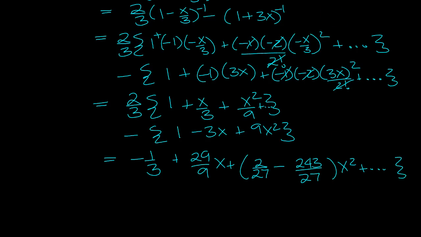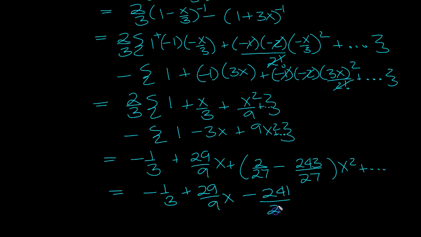Oh, and it should have been plus dot dot dot. So that's equal to minus 1/3 plus 29 over 9 x, plus 2 take 243, which is minus 241 over 27 x squared. There's the expansion up to that.